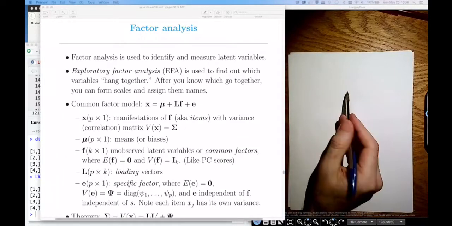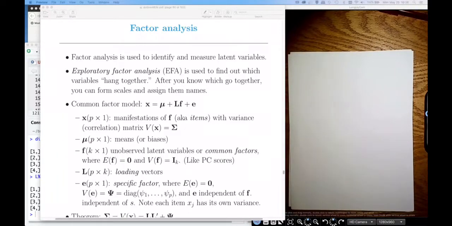So the common factor model, as I show over here, says my X's are being created by their relationship with some lower dimensional latent variables. These latent variables are called common factors, otherwise known as F's.